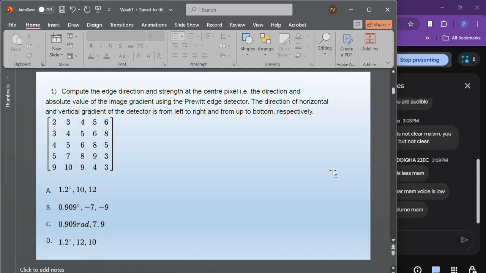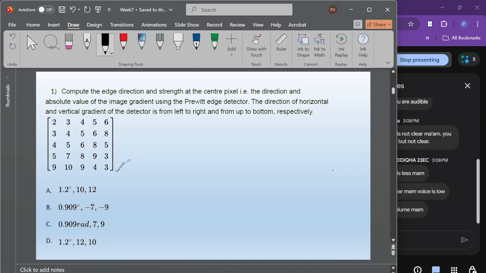The direction of the horizontal and vertical gradient of the detector is from left to right and from up to bottom respectively. So this is our image. Now we need to compute the edge direction and strength at the center pixel.